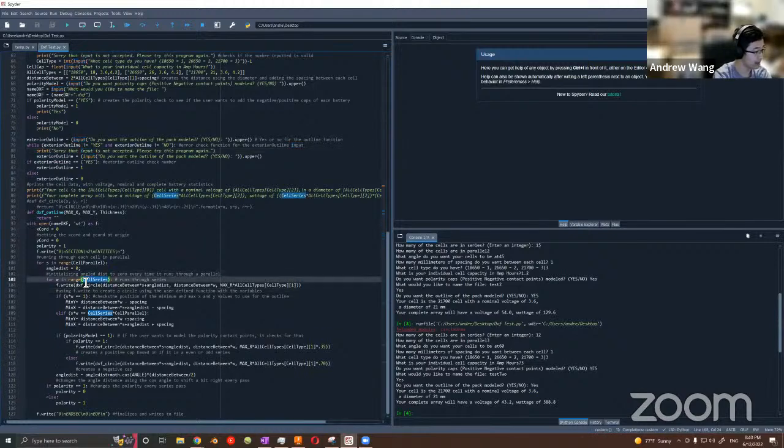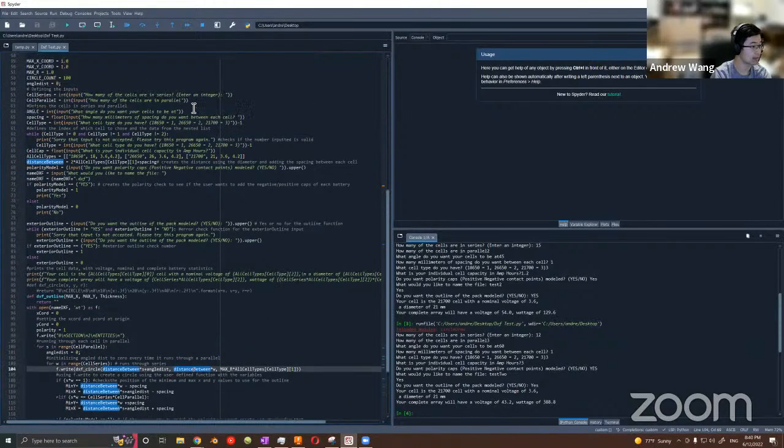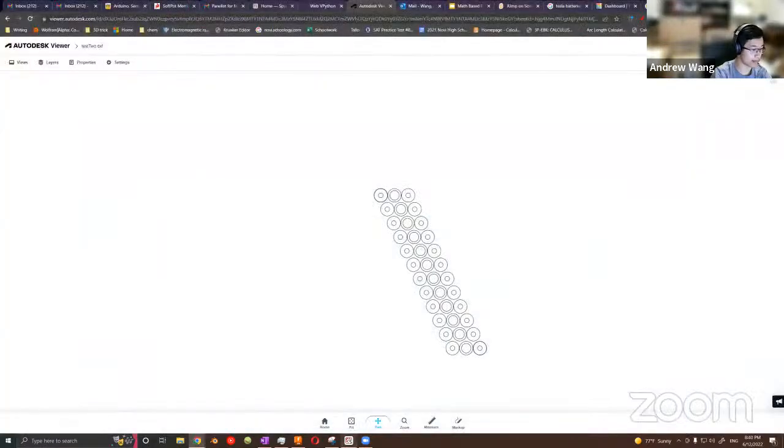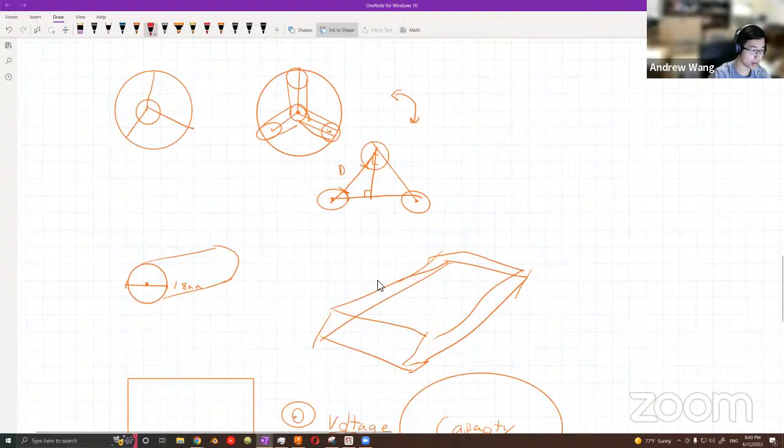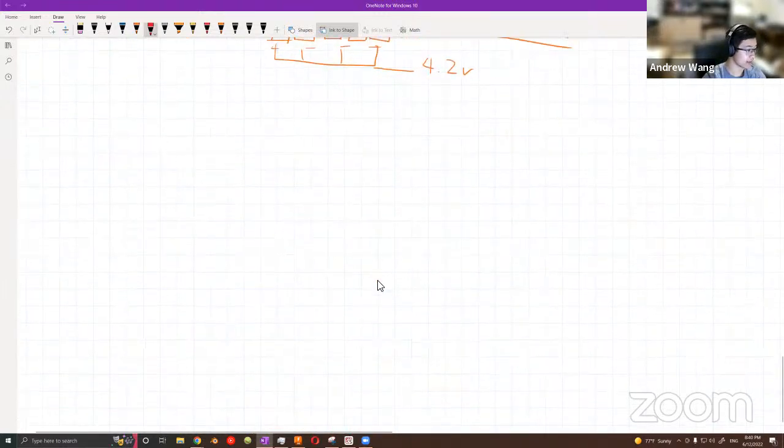For the how many in series, I use math concepts like distance between the cells. I added that with the angle distance. And the angle distance was something I calculated using geometry, using sine, cosine, tangent. Because one of the things that you'll learn about in school, especially when it comes to triangles, we have our triangles over here. We have circles for the cells.